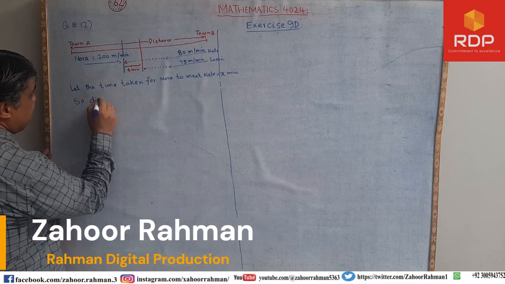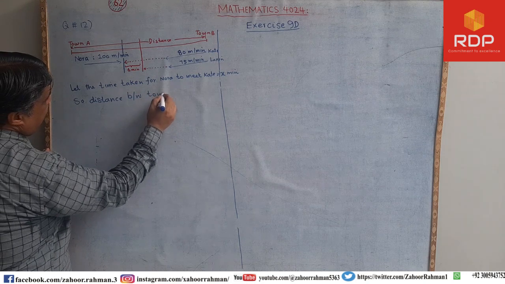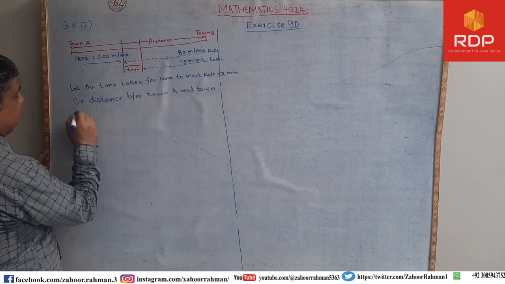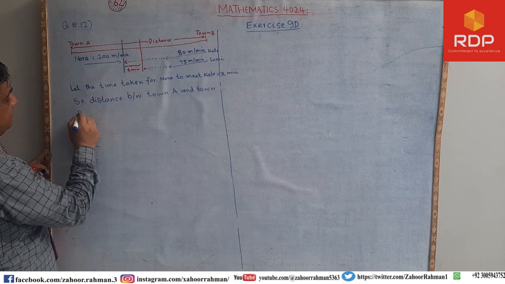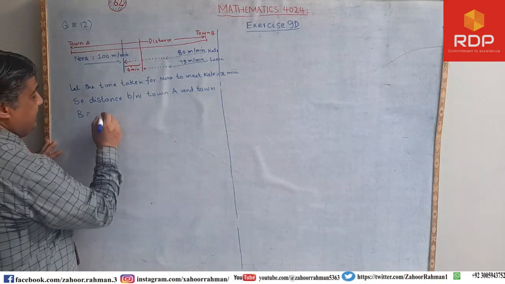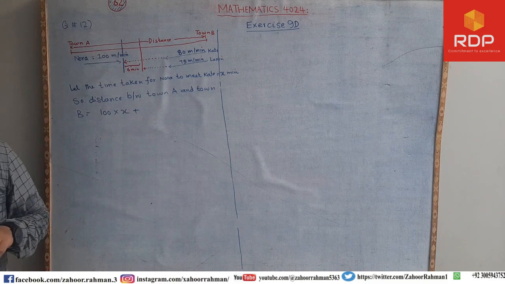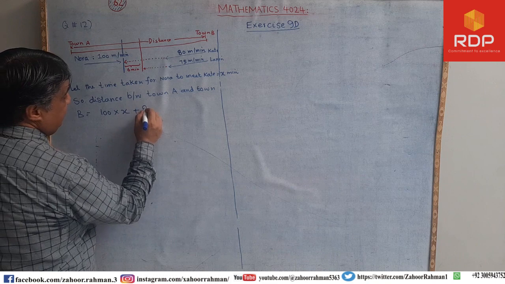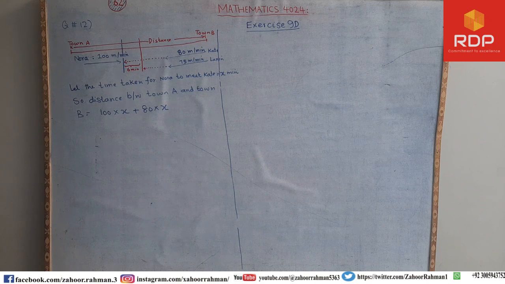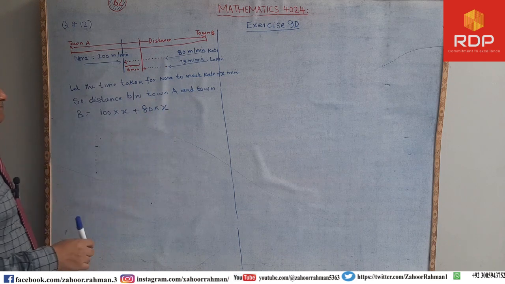So the distance between town A and town B will be equal to 100 multiplied by x plus 80 multiplied by x.